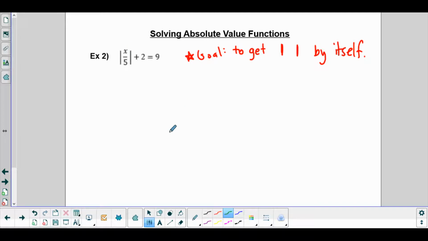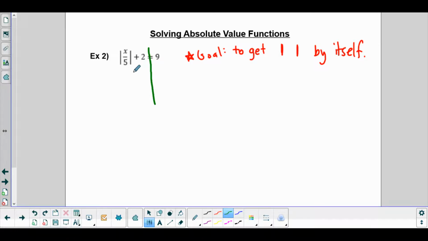So for example 2, we've got absolute value of x divided by 5 plus 2 equals 9. So how do we get the absolute value by itself? What is with it? So what's on the outside of the absolute value? If you said positive 2, you're right. It's positive 2. It's right here. So we need to move positive 2. How do you do that? So what's the inverse operation of addition?